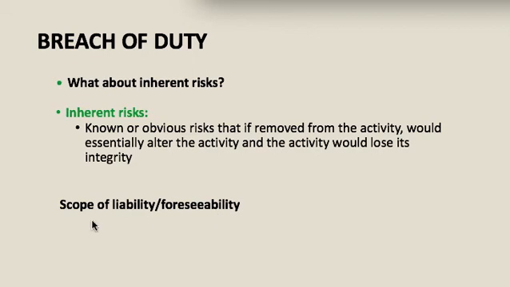Another thing that the court will consider, and we'll get into this a little bit more later, is this concept of scope of liability or foreseeability. So basically, courts are going to excuse someone from liability in a negligence claim if they deem these instances to be unforeseeable or unavoidable.